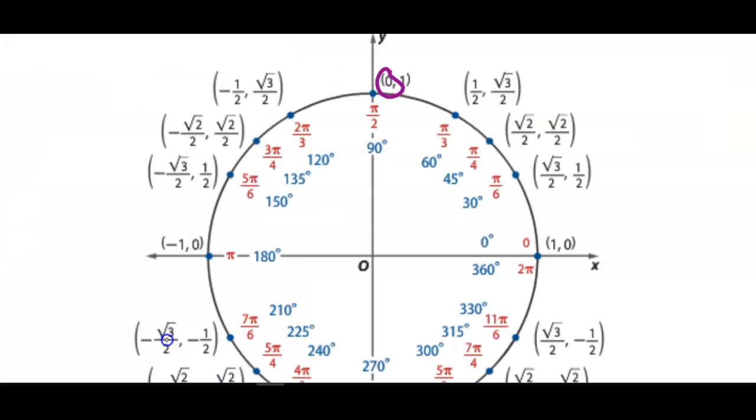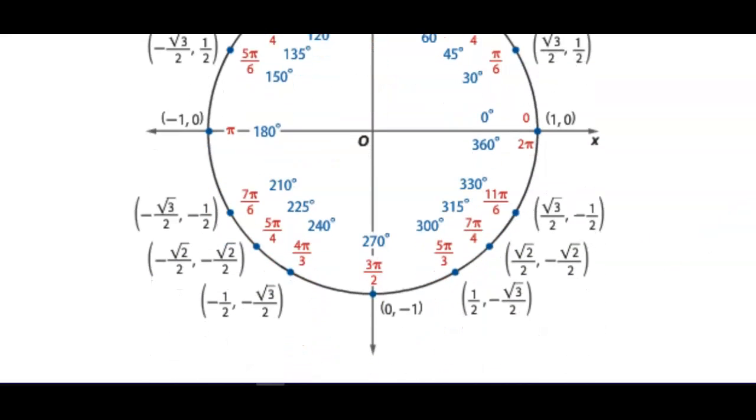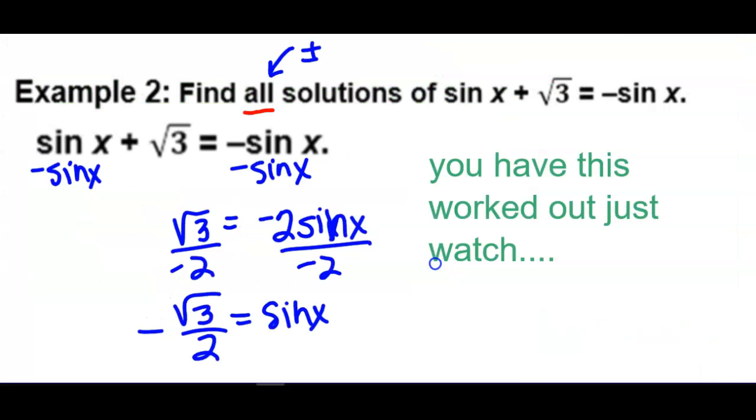And you find where the sine, remember the sine is the y value, the sine is negative square root of 3 over 2 at 4 pi over 3, and down here at 5 pi over 3. So this is true when x is 4 pi over 3 or 5 pi over 3.